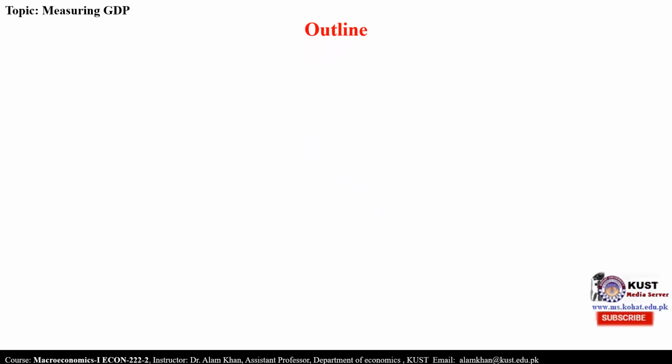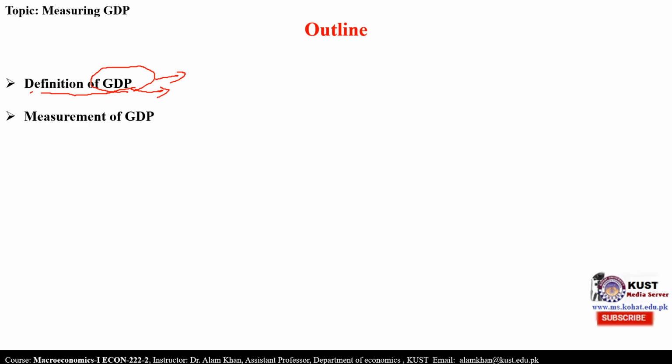In this particular lecture, the outline is: in the first part, we will define the GDP. What we mean by the GDP, that is, GDP stands for gross domestic product, and how to measure the GDP, how to calculate the GDP.